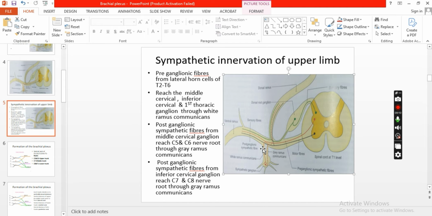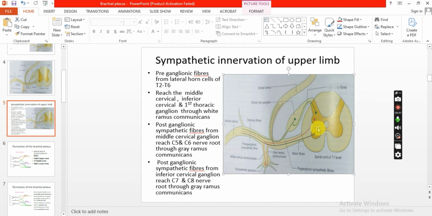It ascends up to reach the middle and inferior cervical sympathetic ganglion and the first thoracic sympathetic ganglion. Okay, the synapse occurs. The preganglionic fibers make synapses with the neuronal cells in the sympathetic ganglia, from which the postganglionic fibers arise.